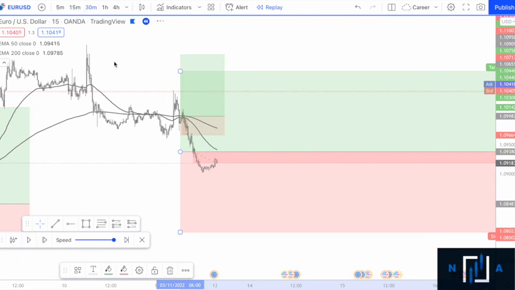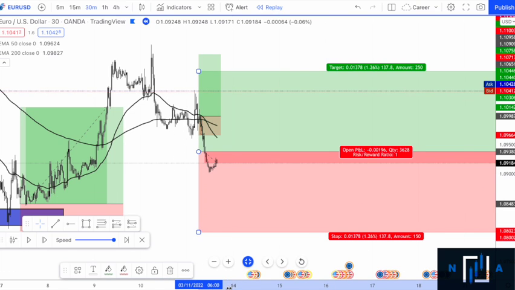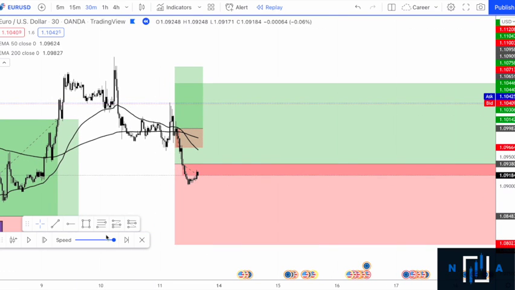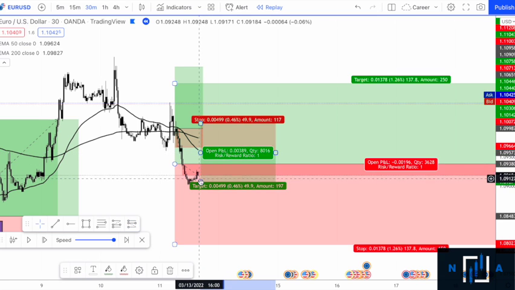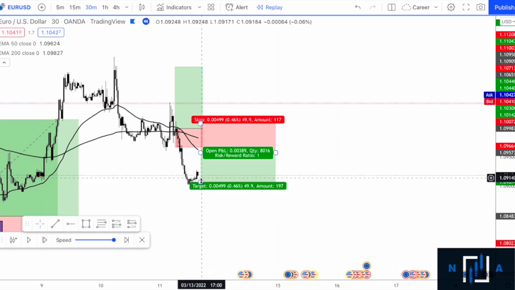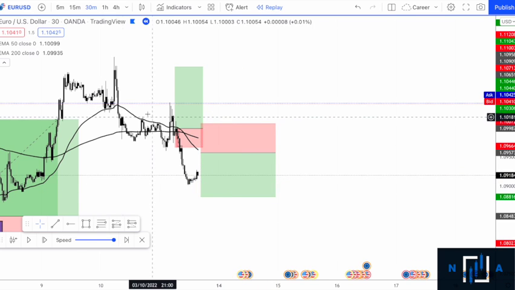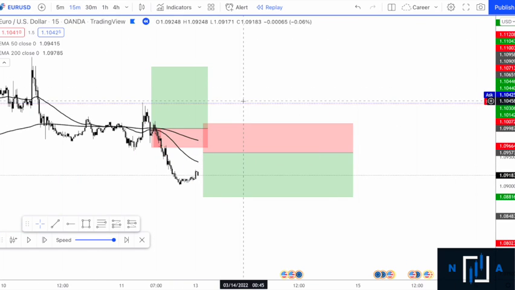But on these lower time frames, now it's my time to really just wait for the short. And I'm guessing because of the supply zone, price is gonna hit this EMA around here. So that's kind of what I'm gonna bet on. And I'll just wait and see.